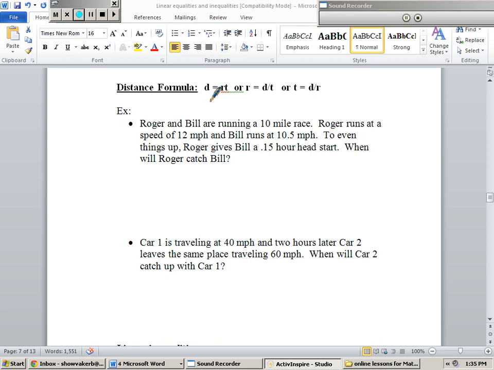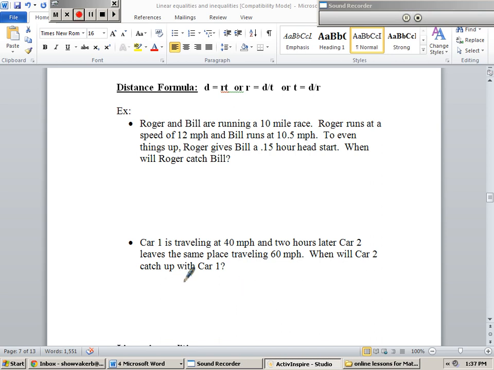Car 1 is traveling 40 miles per hour, and 2 hours later, car 2 leaves the same place traveling 60 miles per hour. When will car 2 catch up with car 1? Okay, so if we're traveling and we're looking at catching up, we're doing distance again, so D equals RT.